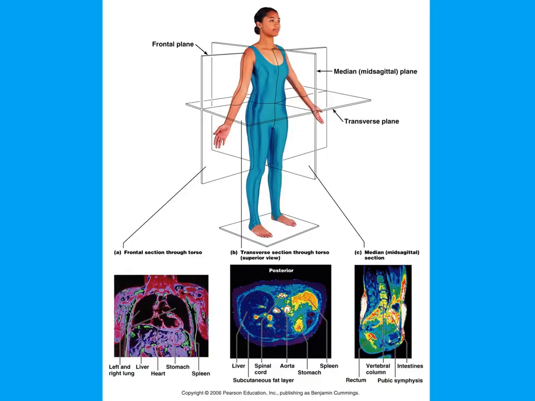Let's say you are going to be doing a CAT scan. You need to know, depending on obviously the individual circumstances of what is going on with the patient, what the doctor has ordered, how they want to view things.